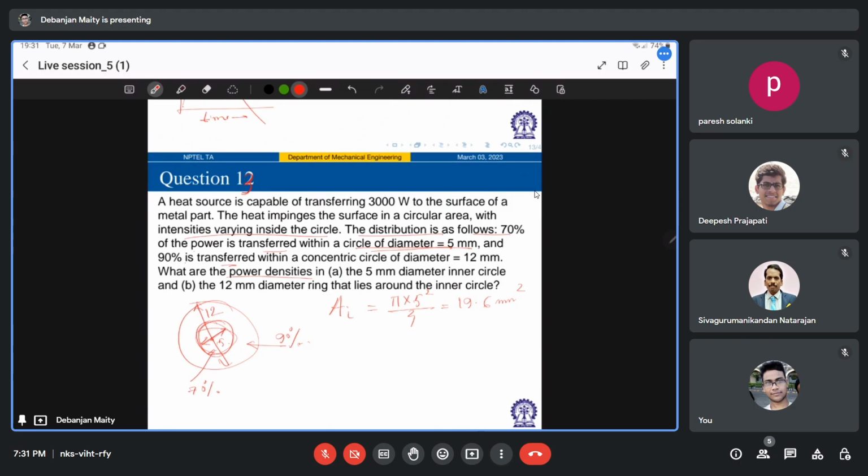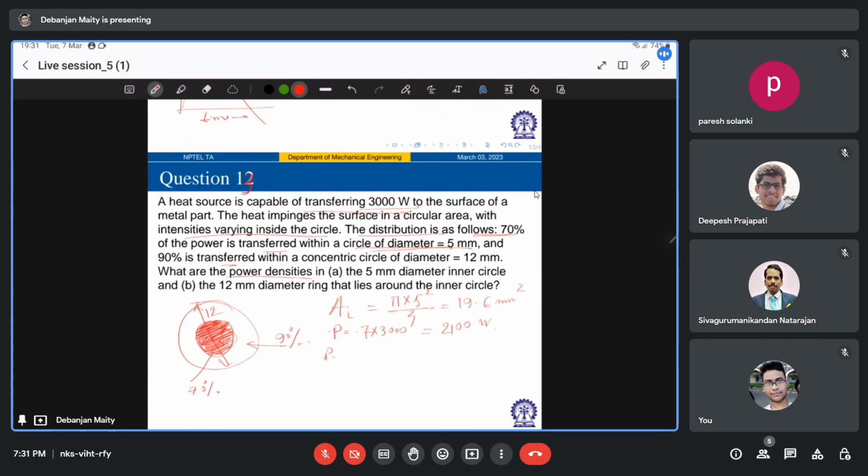And then it says that your heat source is capable of transferring some 3000 watt, and at this inner area the efficiency is 70%. So power is 0.7 into 3000. So this is coming as 2100 watt.